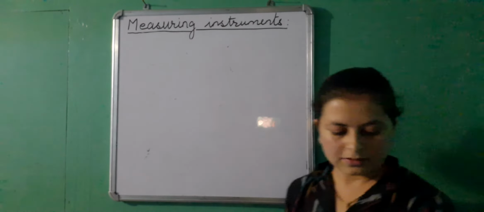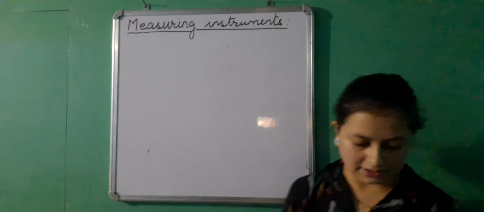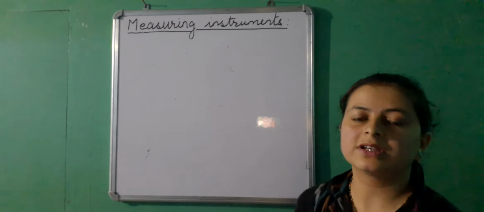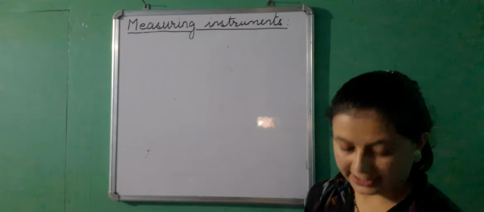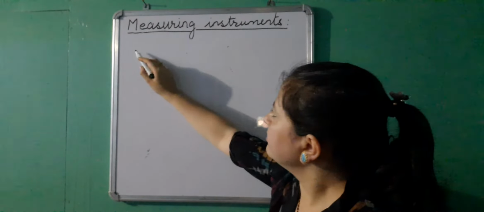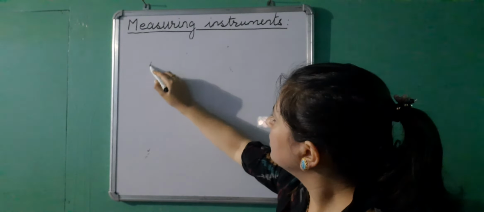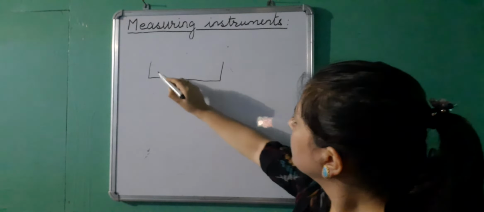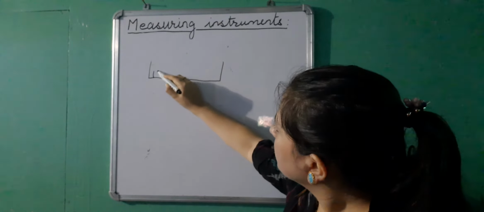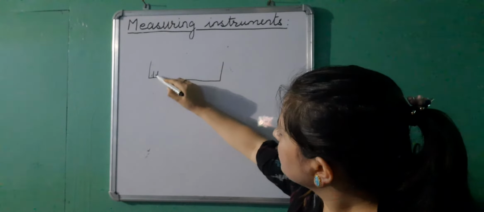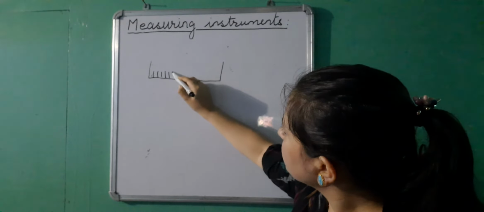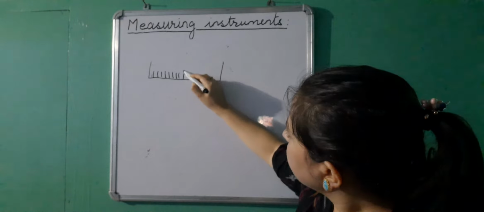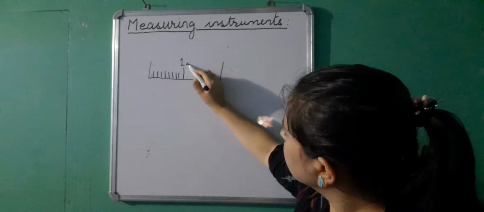Now we will take one or two instruments to be clear about the concept of error in measurement. Let me take a scale. Then 1 division, 2, 3, 4, 5, 6, 7, 8, and here is 1 centimeter.